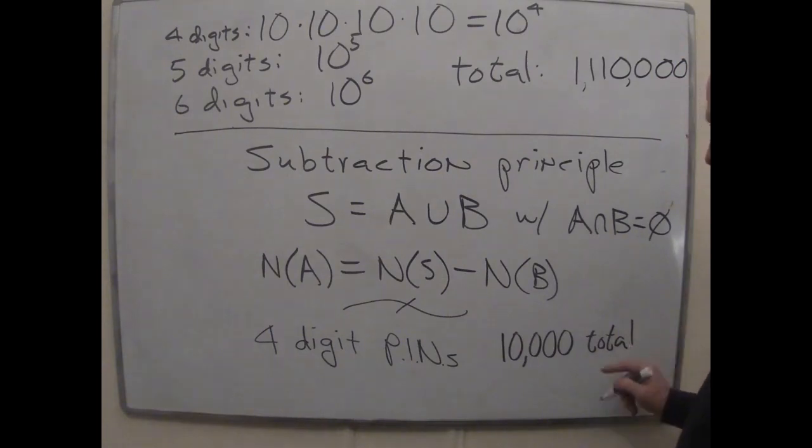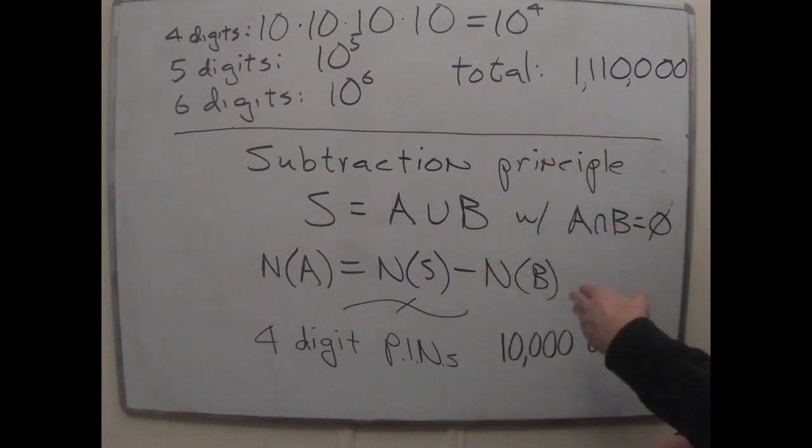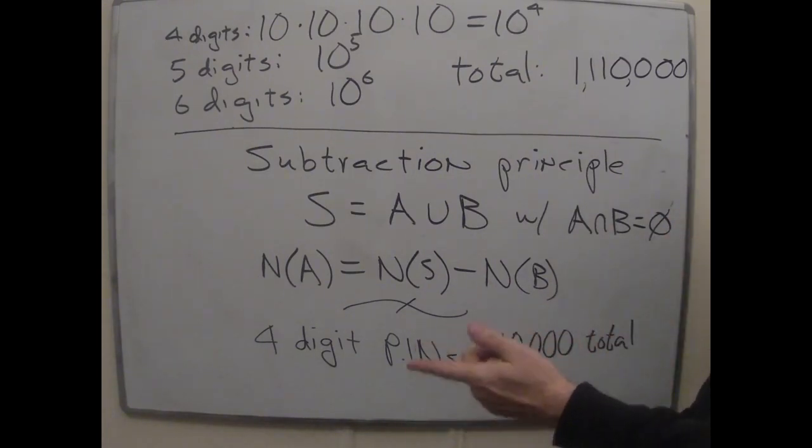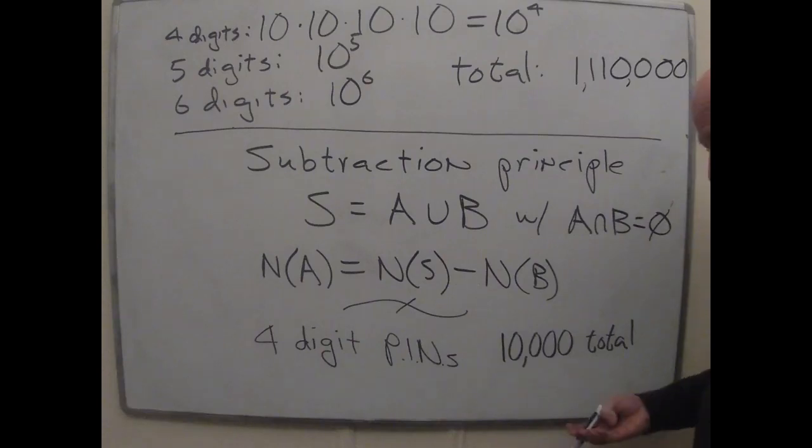You can divide these 10,000 things into two groups, one of which is the ones that have some digits repeated, like the 4 zeros, but not necessarily that. It doesn't mean they all have to be the same; it might be 9, 8, 8, 4. It's got two 8s in it, so that's a repeated digit.